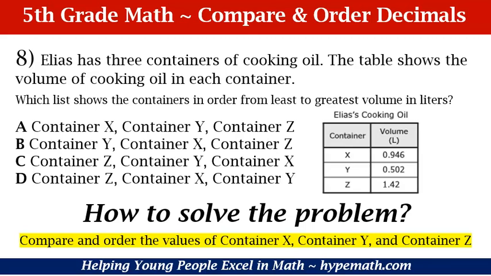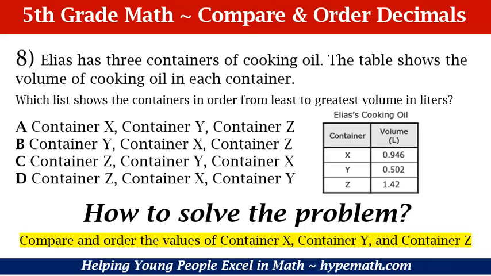Okay, so in looking at our answer choices A, B, C, and D, which answer choices can we cross out because they do not have Y as the first container listed?